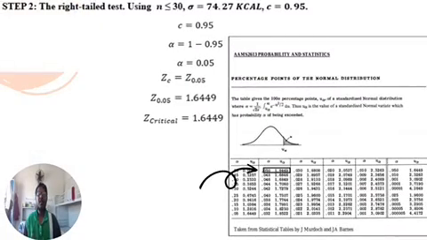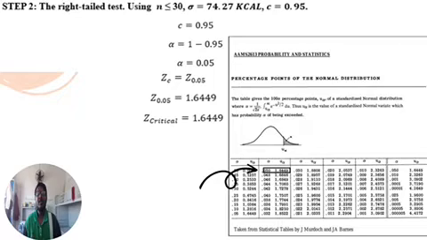For step 2, we will be searching the right tail test by using n equal to 30, standard deviation of 74.27 calories, and a confidence level of 0.95. This confidence level will be then converted into a significance level, which will be placed on the probability and statistic table and searched for the z value, that is the z critical. So the formula of significance level is 1 minus the confidence level.